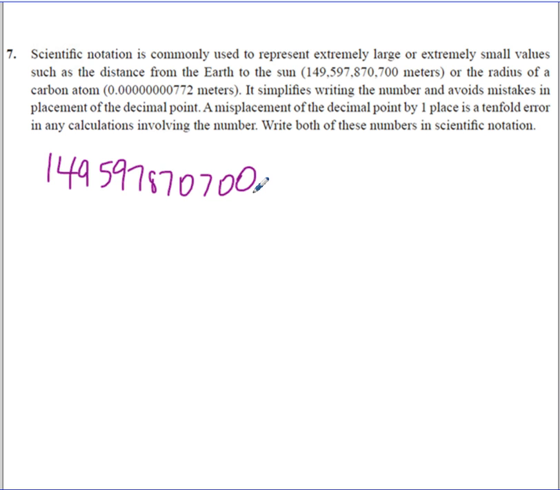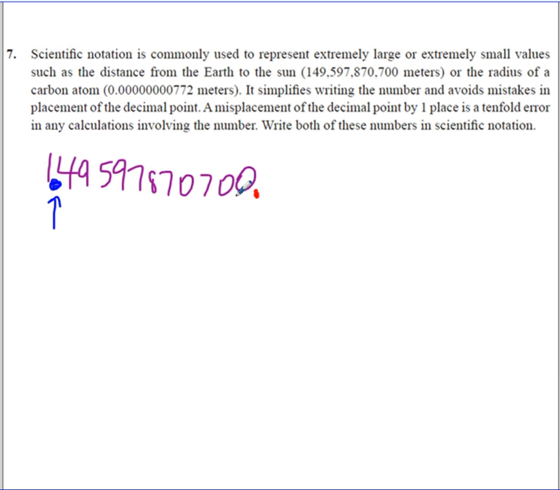So in this number, there is no decimal place written, so we know it's at the end. We need only one number in front of the decimal that's not a 0. So the first number that we have in our number that is not a 0 is the 1. So that's where we need the decimal to be.